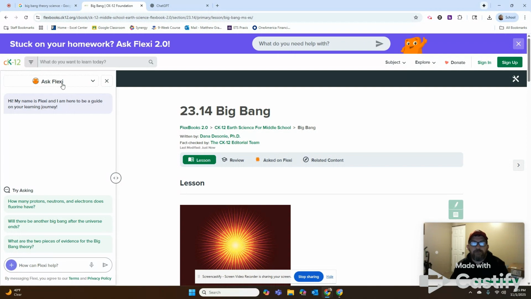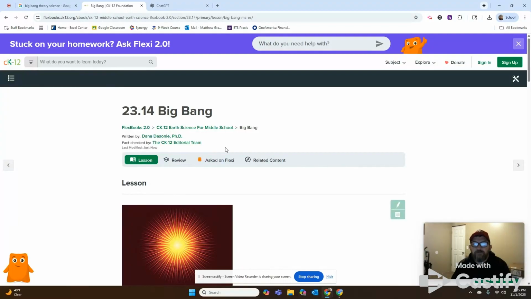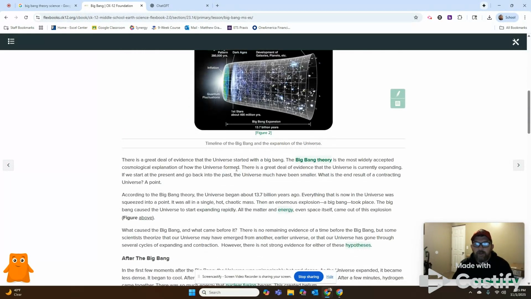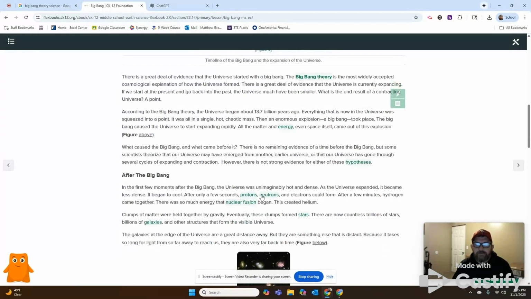Try it if you're in this part. Flexi automatically comes up. Guess what the Flexi is? AI. Ask me anything. I'm going to turn Flexi off because that's not what I want at the moment. And if I'm like, oh, they need to read legitimate sources. Okay, we're in the same group. Come down here. We're starting the time the universe began, Big Bang Theory, after the Big Bang Theory.